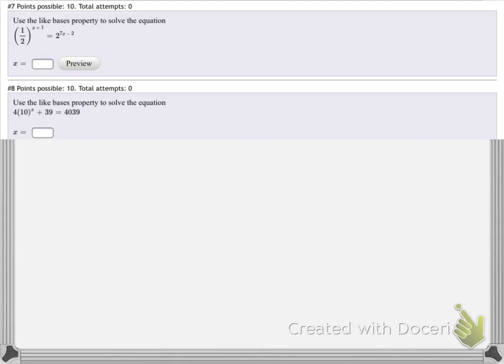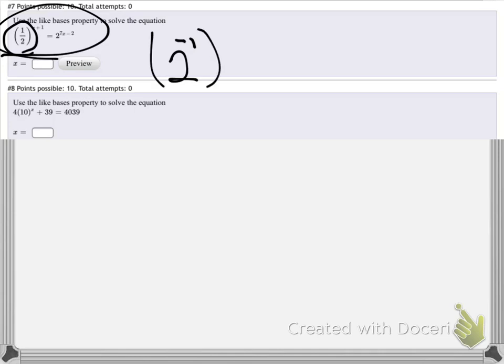Okay, something similar on number 7. It's a lot like what we had done before. Just remember, 1/2 is like a 2 to the 1, but it's downstairs, so it's 2 to the minus 1, and then all of that is to the x plus 1 power. That's kind of sloppy, but whatever.